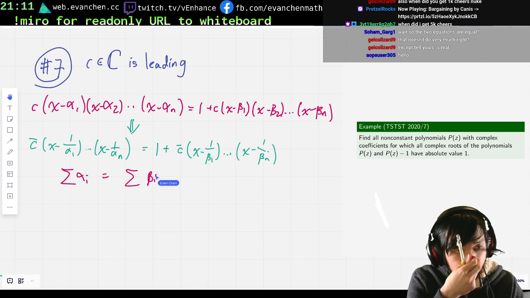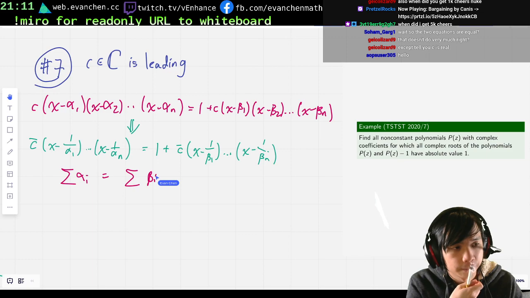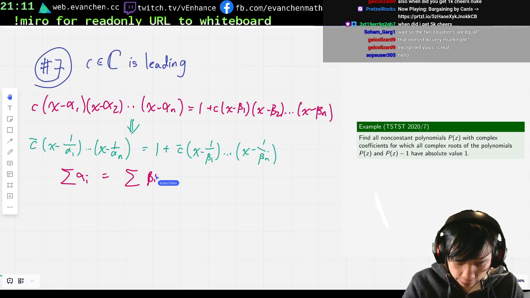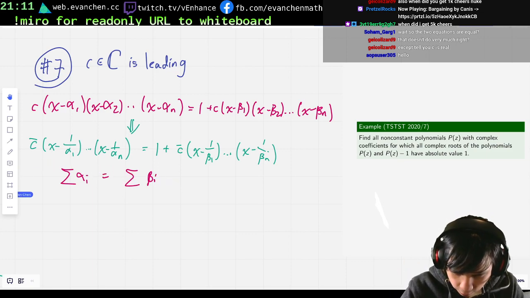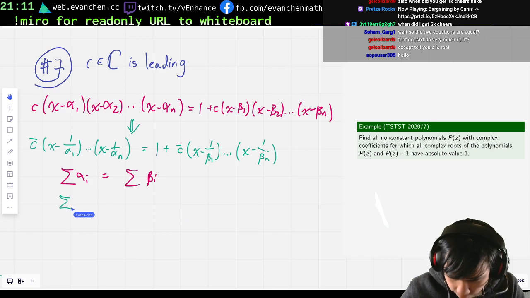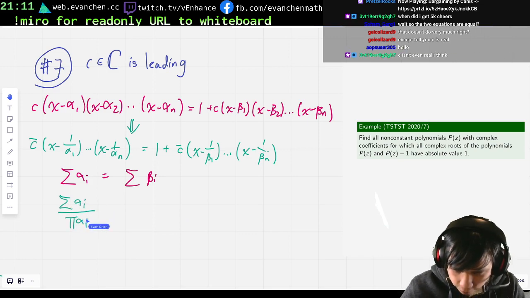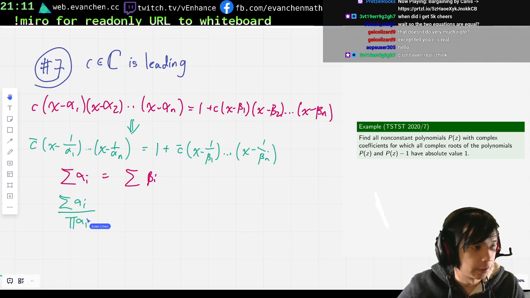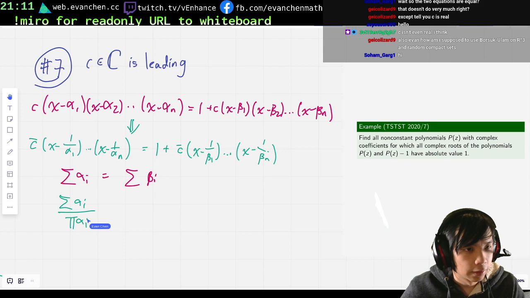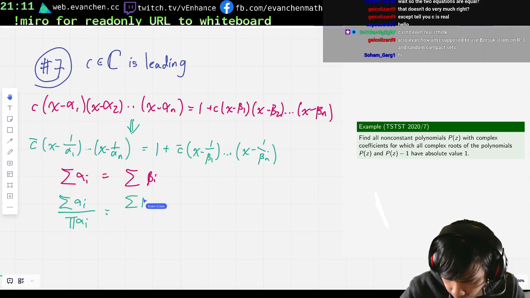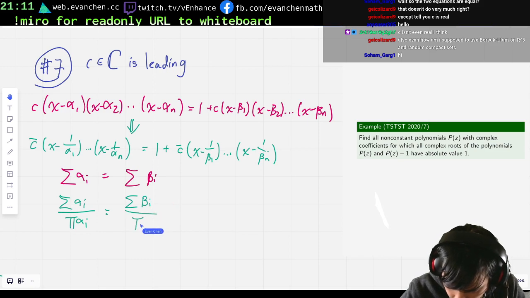Meanwhile, if I compare the x to the 1 coefficient in the bottom, it tells me that the sum of alpha i over the product of alpha i, which is the coefficient that's the product of n minus 1 of these, is equal to the sum of beta i over the product of beta i.